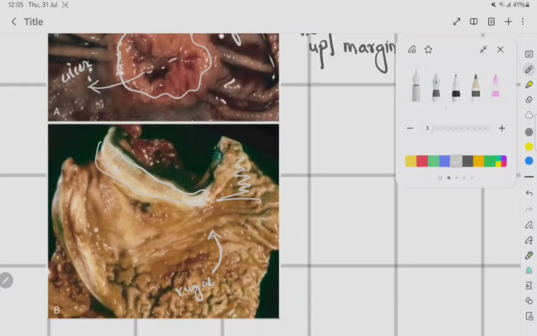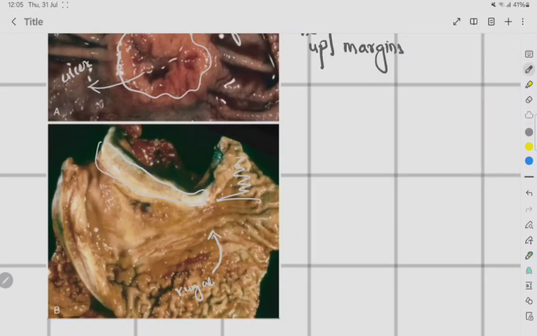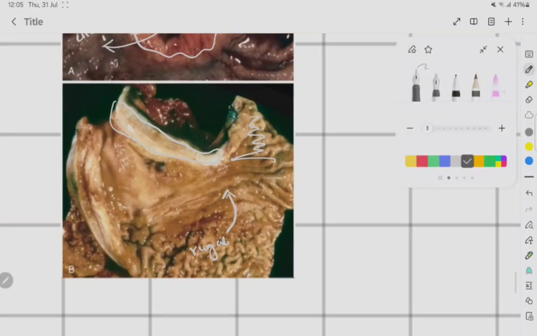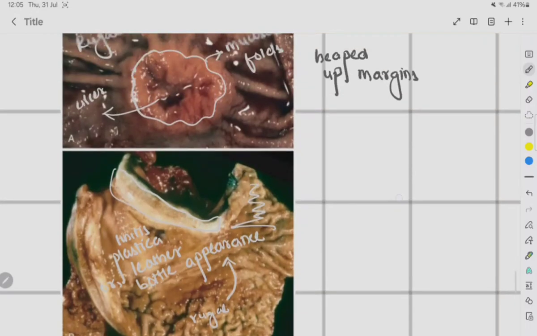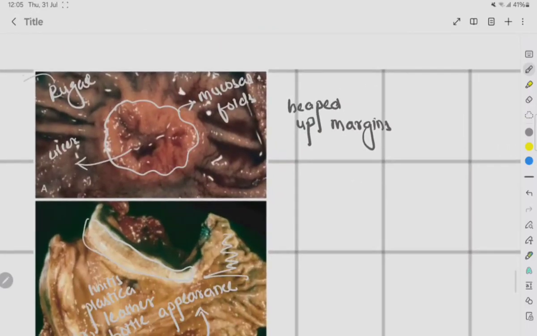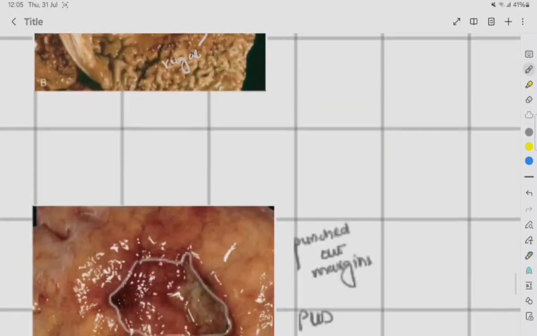And this is because of an abundant desmoplastic reaction to the tumor infiltration. This is called Linitis plastica or leather bottle appearance. Okay, all these images have been taken from Robbins.